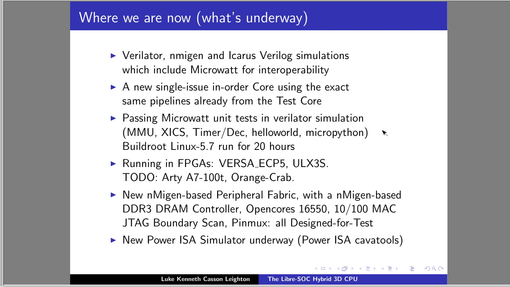So we currently have all three Verilator, Nmigen, and Icarus Verilog simulations running, and I've just recently added to the actual Microwatt source code, in a branch, the ability to swap out the Microwatt core and put in a Libre-SOC core, or anything else that wishes to comply with a Wishbone interface plus the DMI interface, which is a de facto standard for debugging in RISC-V, Microwatt, and Libre-SOC, and a single external interrupt wire.